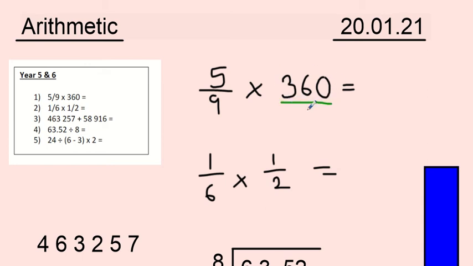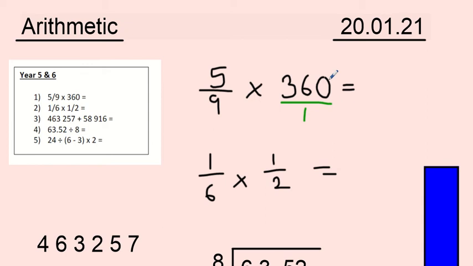Because it's out of the whole, one whole, we can put 1 on the bottom as our denominator to represent the one whole. And that's going to help us with our multiplication, because you know how to multiply fractions. You know, first of all, that we have to multiply the numerators or the top numbers. So we're going to do 5 multiplied by 360.